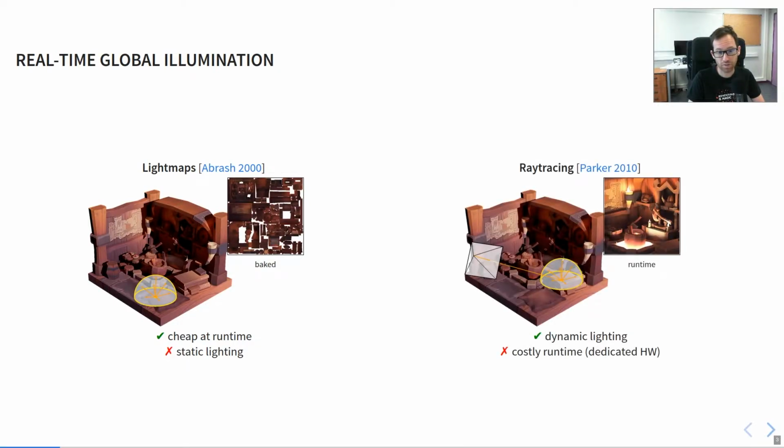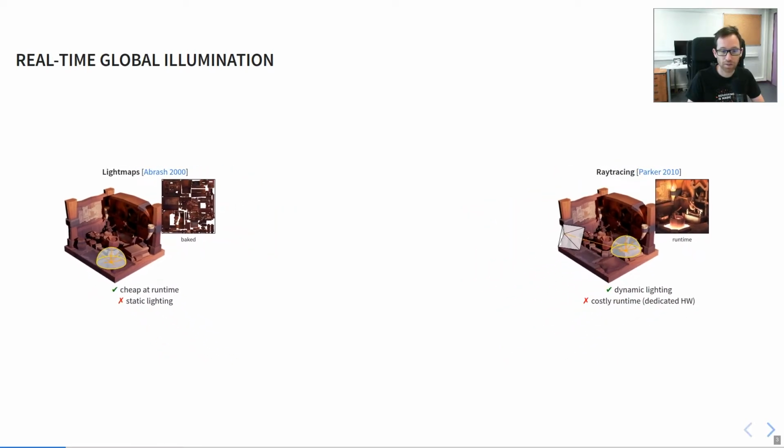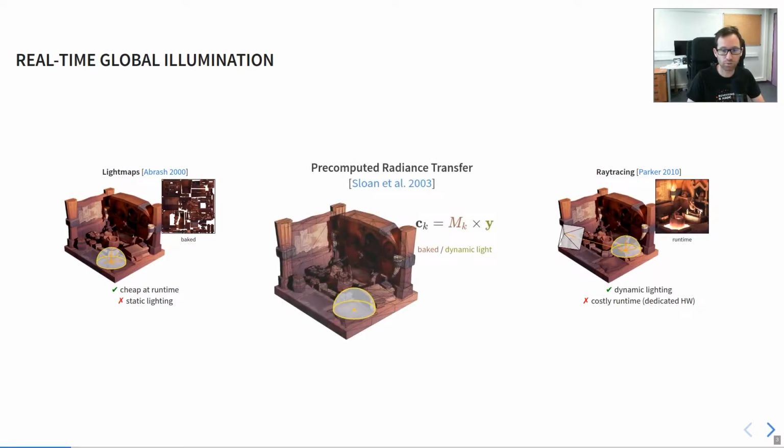On the other end of the spectrum, it is possible to compute global illumination completely at runtime, for example, using hardware-accelerated ray tracing. While this allows for dynamic lighting, it incurs every computation at runtime. In the middle exists precomputed radiance transfer, a baking technique that allows for dynamic illumination at runtime.